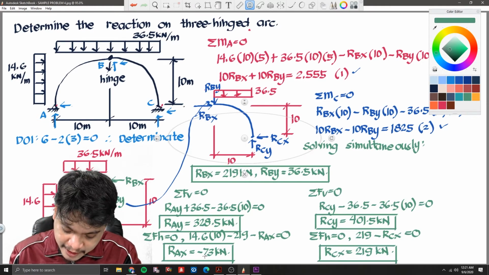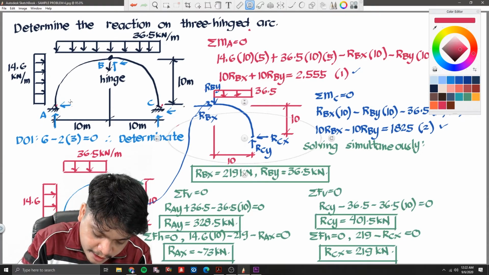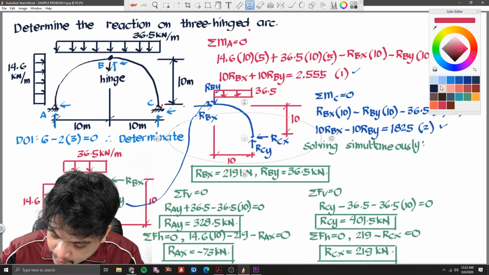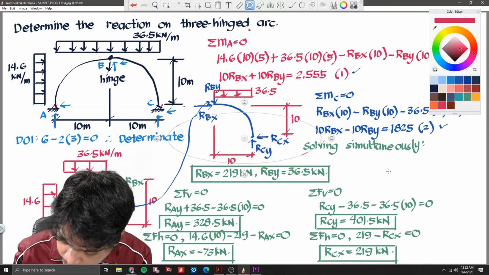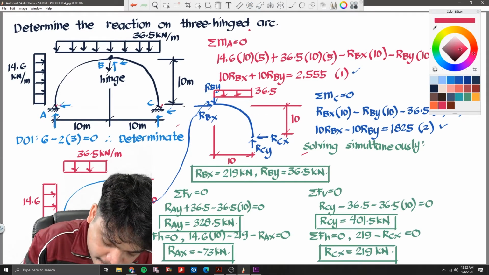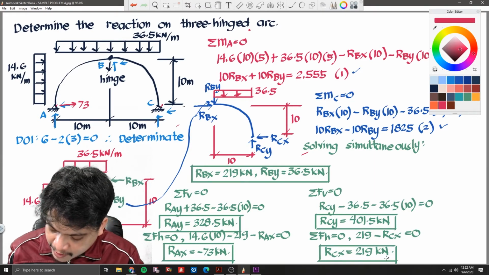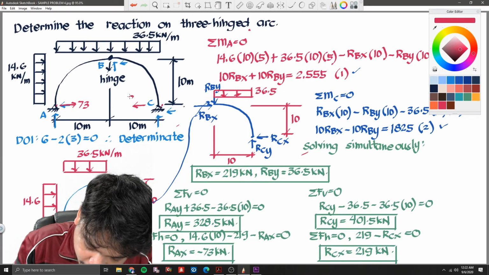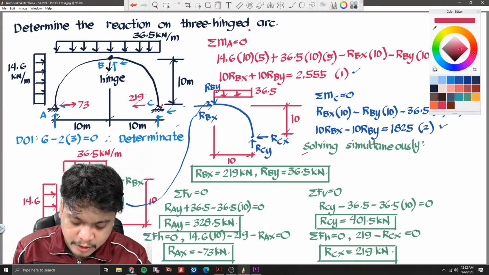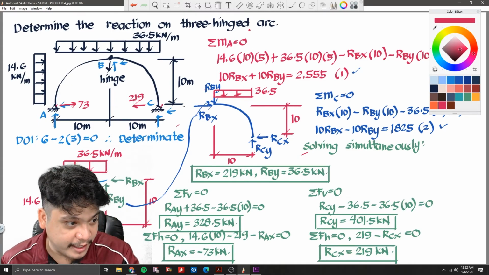Yung RAX natin kasi is nag-negative. Pag ganun pala dapat yung aking RAX, which is 73. And then, yung aking CX is tama, that's around 219. So, dapat pag pinag-add ko yung dalawa, negative 73 plus 219, magsakto yun ng 146.